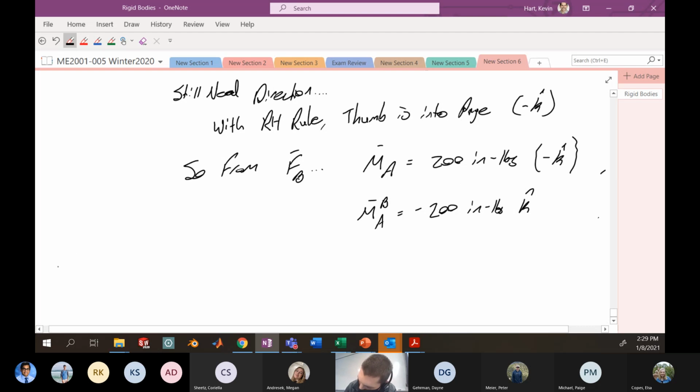Now I still have to consider the contribution to the moment from the force at C. The magnitude of the moment at A from the force at C is going to be equal to the magnitude of the force C times the perpendicular distance between A and the line of action of C.